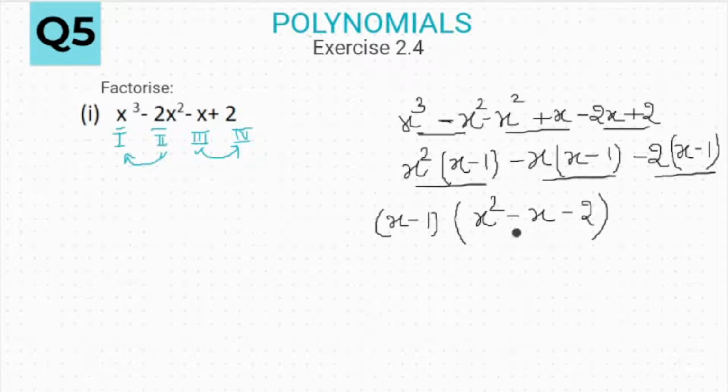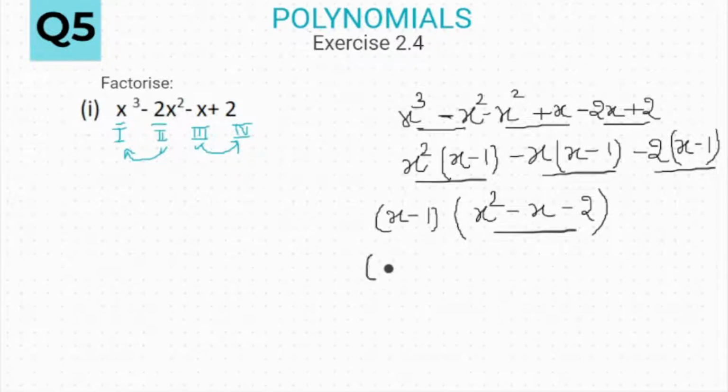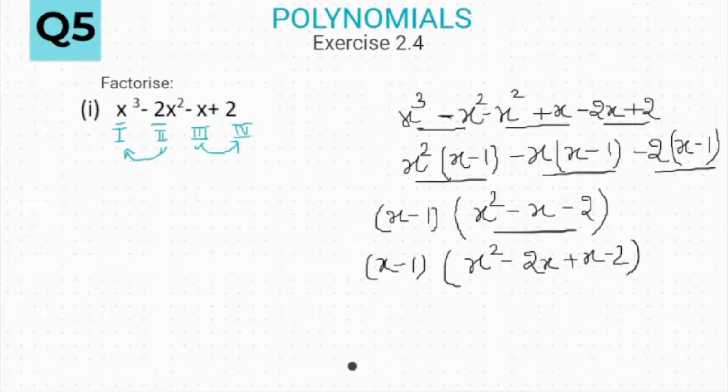So can we split more? Yes, we can split this expression more by using the splitting method. We can write minus x as minus 2x plus x minus 2. Right. Now we'll club the first two terms and the last two terms.